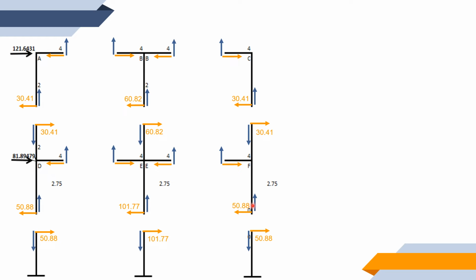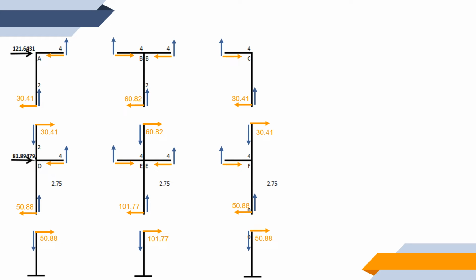So that is going to be the flow of our solution. So in this part right here, we're going to start at joint A. By the way, we have joints A, B, C, D, E, and F. Okay, so let us consider joint A first.